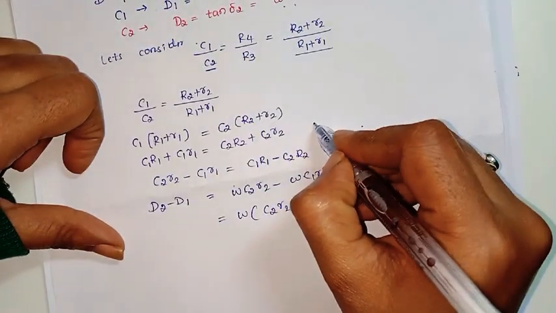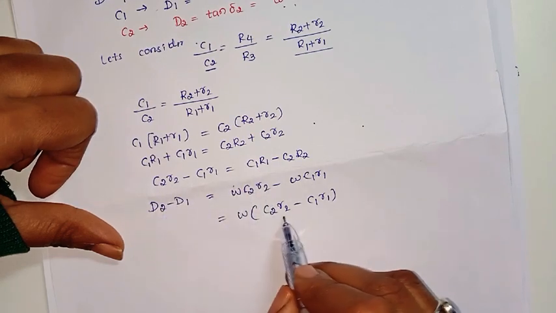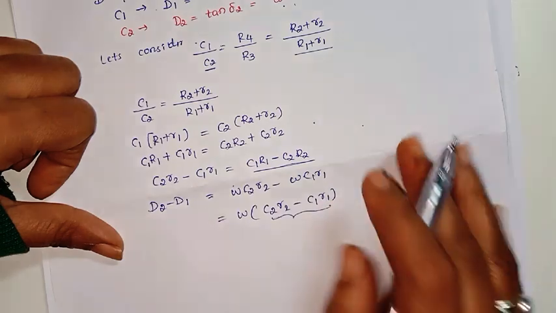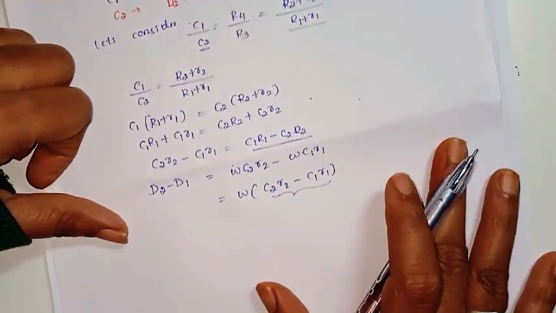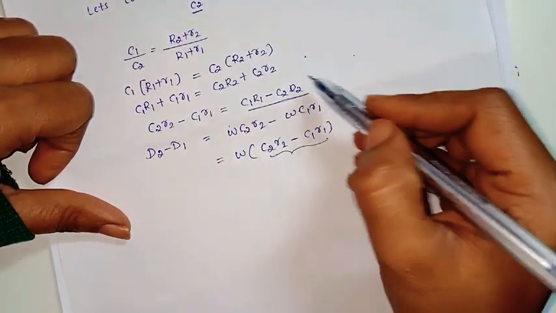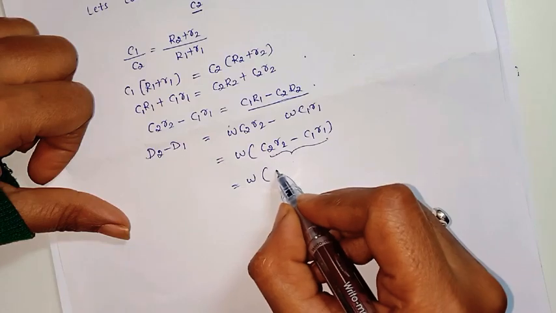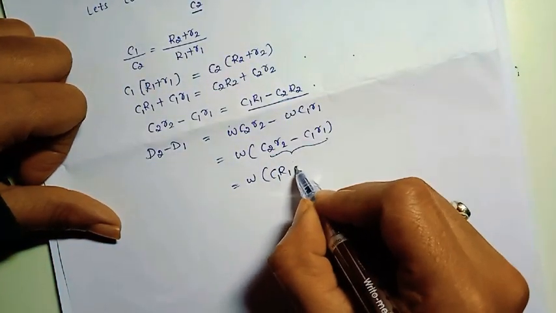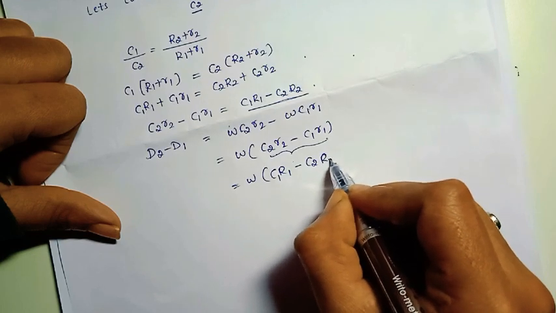Here from this equation, what is the value of this? So this is the value, C1 capital R1 minus C2 capital R2. Let's substitute this value here. Omega as it is. So inside the bracket C1 R1 minus C2 R2.